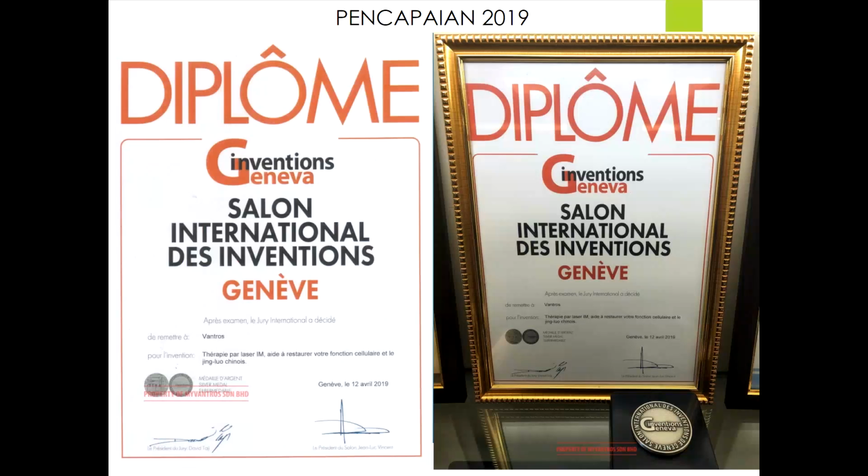Okay. In April 2019, we got the Geneva International Invention Medal. We got the silver medal. This proves that the IM laser is a very, very effective device, whereby we went to this world-class international exhibition and obtained this silver medal in the health category. It's proven that the product is effective.